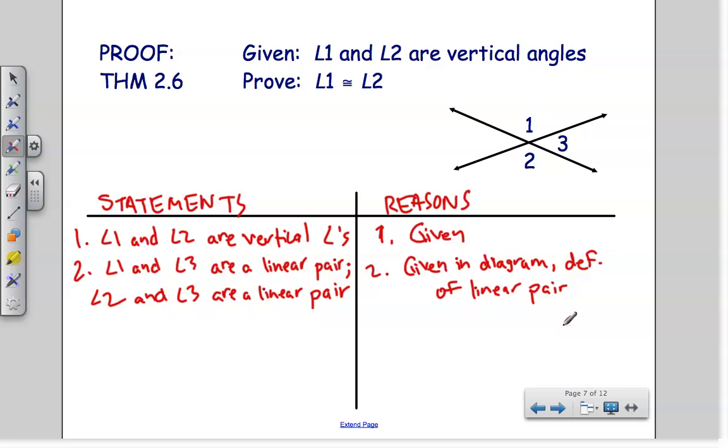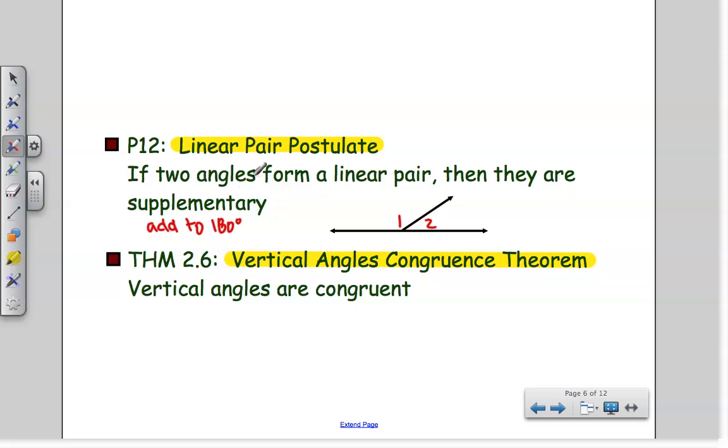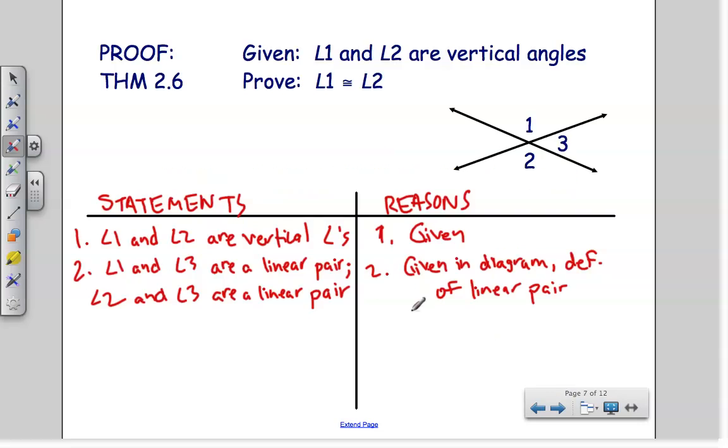And from there, I'm going to use what I just talked about. We had a postulate about linear pairs. If two angles form a linear pair, then they are supplementary. Oh, okay, so the angles that I just listed as linear pairs are also supplementary. So in this next step, since angles 1 and 3 are a linear pair, I could say angle 1 and angle 3 are supplementary.